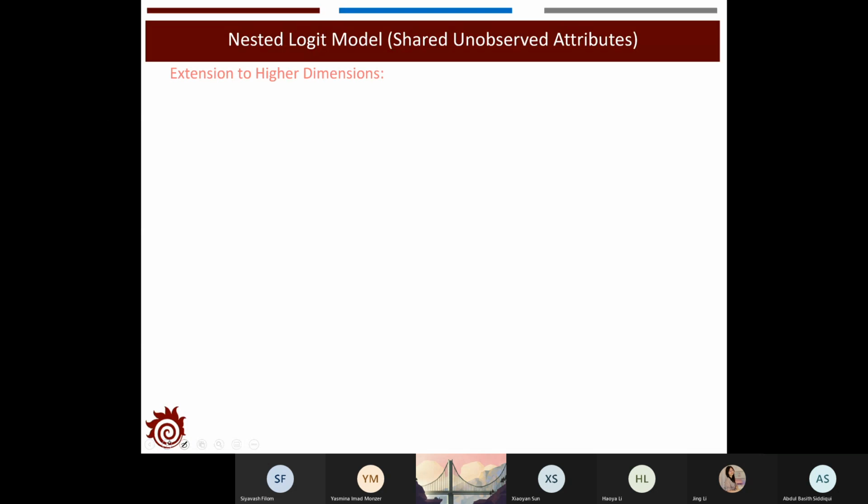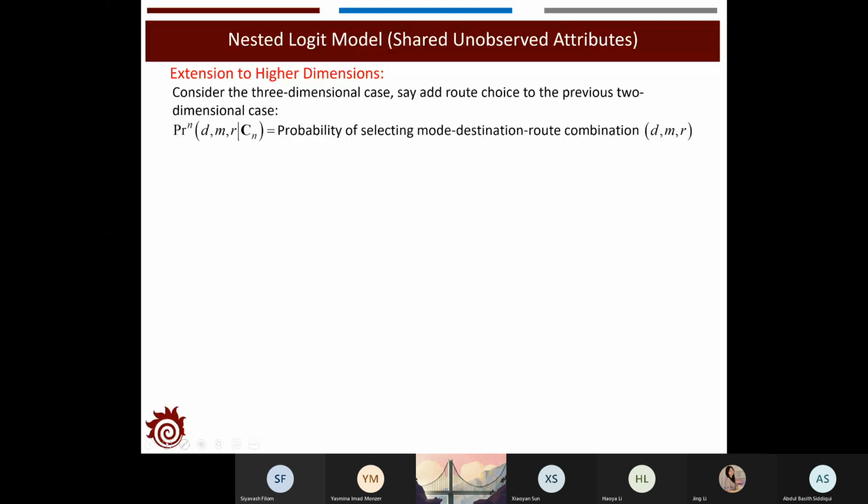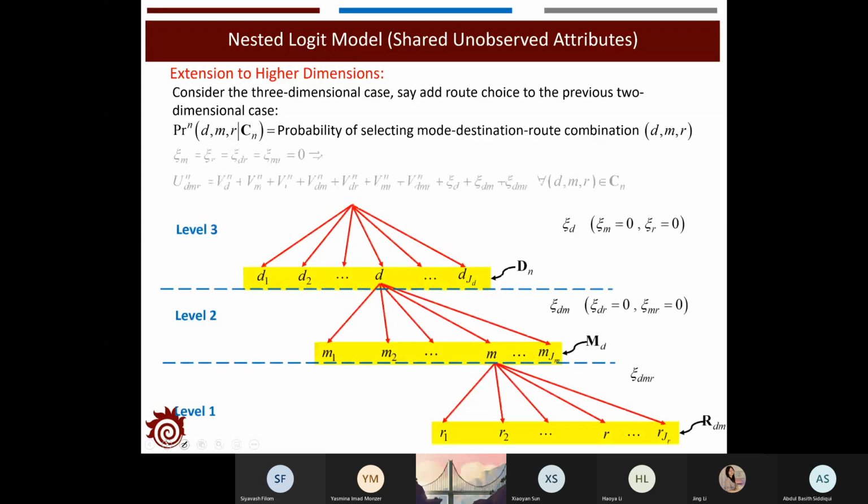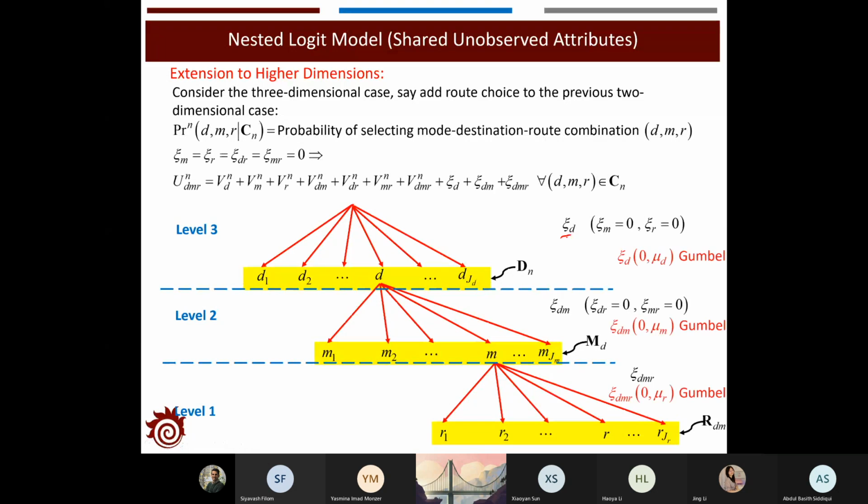And now, if we want to extend this to higher dimensions, like in this case, the 3 dimensions, we will need to find a way to calculate the probability. So we have to make some assumptions about the random term. First of all, for the error term epsilon d, we assume that it follows the gamma distribution, but instead of the standard gamma distribution, we assume that it follows the gamma distribution with the parameters of 0 and mu d.